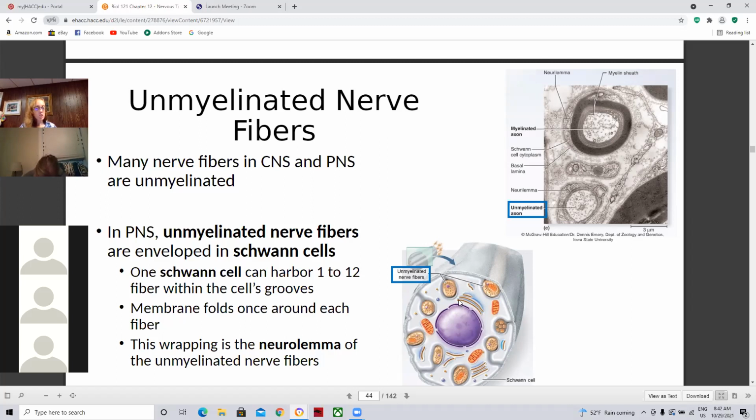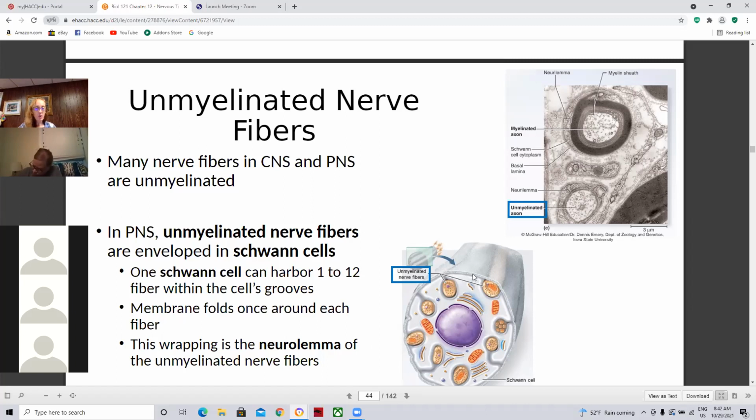If you remember, one Schwann cell can wrap around one segment of the axon up to 100 times. The last fold of the Schwann cell around the axon is the neurolemma. In the outer folds of the neurolemma are where these unmyelinated nerve fibers are found.